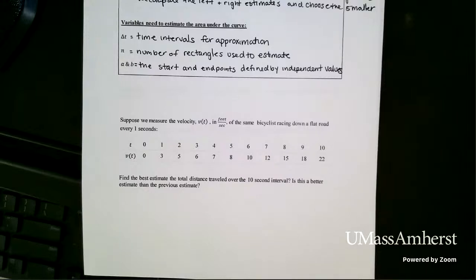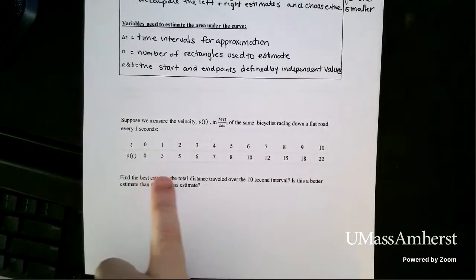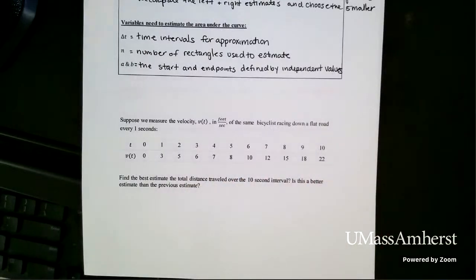And so we're trying to figure out, is it better to count every 1 second? Is it worse? Do we want our delta t to be bigger? Do we want our delta t to be smaller? So the way we do this is by, again, doing a left and a right-hand estimate and finding the best estimate and comparing that to when we had delta t equals 2. So now delta t equals 1.